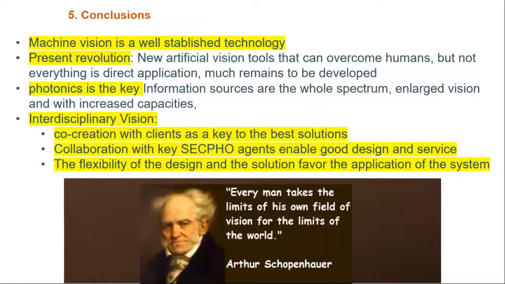And this interdisciplinary vision, co-creation with clients as the key to the best solutions, collaboration with SECPHO agents that enable a good design and service, and the flexibility of the design and the solution could make the application better. And as an end, I will use the quote of Arthur Schopenhauer, philosopher: every man takes the limits of his own field of vision for the limits of the world. And that's not true. Okay, that's my presentation.